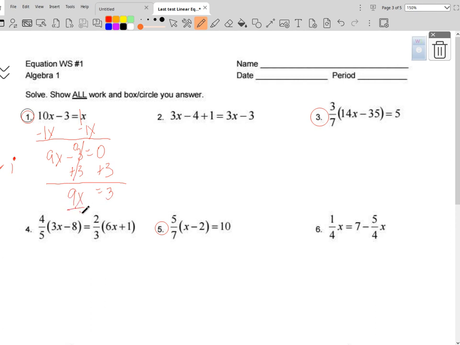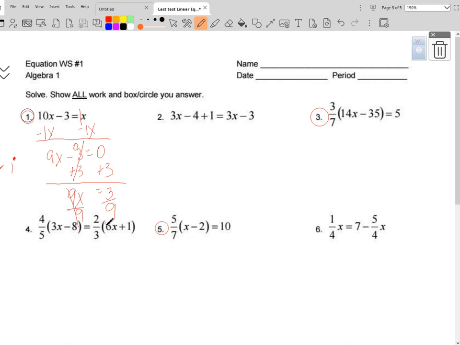So we're dividing by 9. X equals 3 over 9. And now we're going to simplify that. If you've forgotten how to simplify, I want you to do it on your calculator right now. 3, ABC, 9. And you will see what that simplifies to.